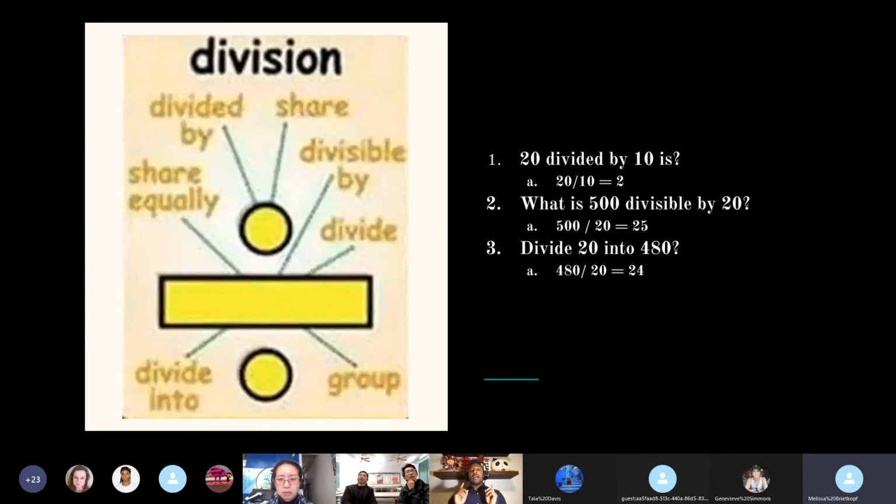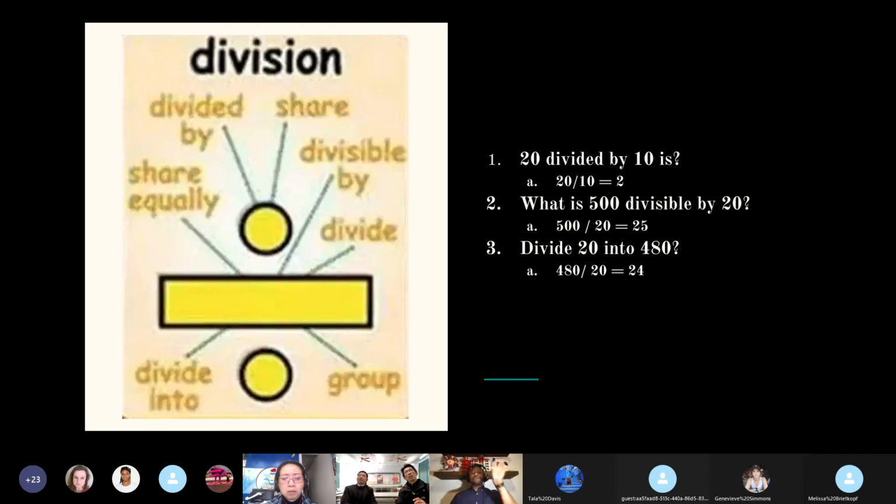Now, the one thing I want to bring up when using division that can be a little bit confusing when we say it in English is that if you notice in number one and number two, the number that is being divided by another number is said first in the expression. So we're doing 20 divided by 10.